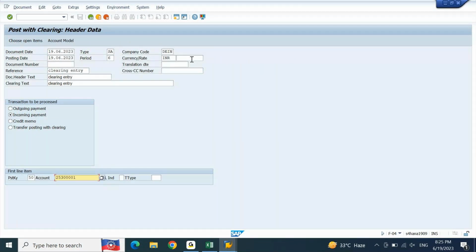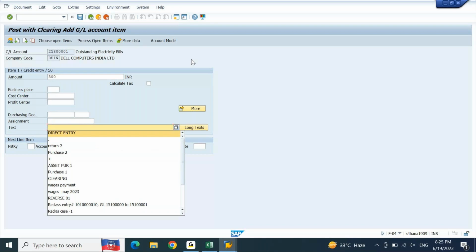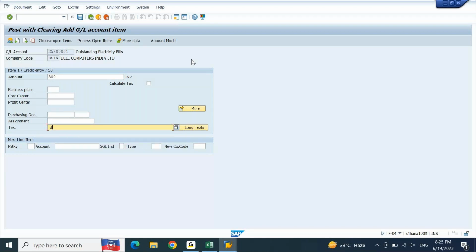Clear? Enter. I'll put the same amount 300. I'll put clearing entry. For any clearing entry, you don't need to give the profit center.